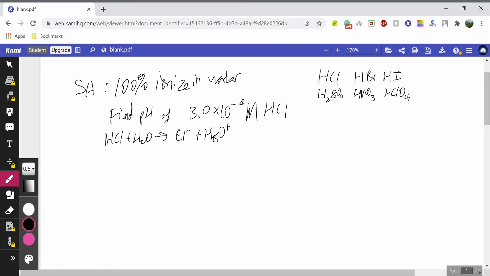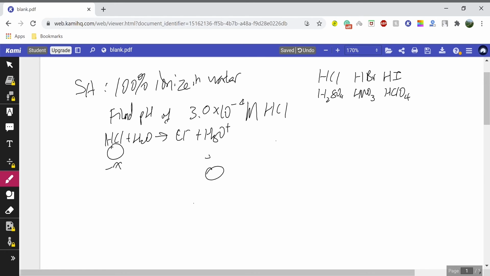Now since 100% of this 3.0 times 10 to the negative fourth molar will ionize, that means this number will be the same as the after concentration, right? Minus X, and this is plus X. Since this will end up being 0, so this starts off with 0, and since this side is minus X and this side is plus X, this number will be equal to this number.